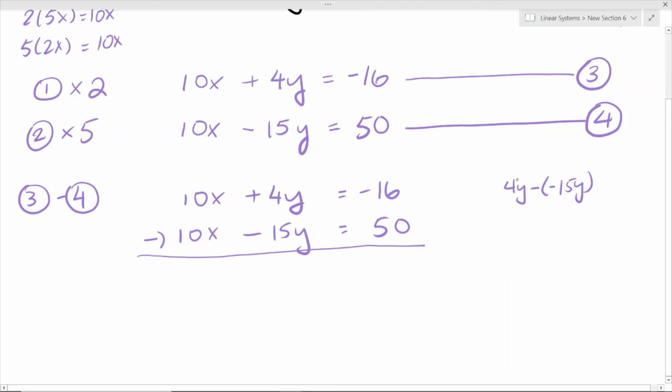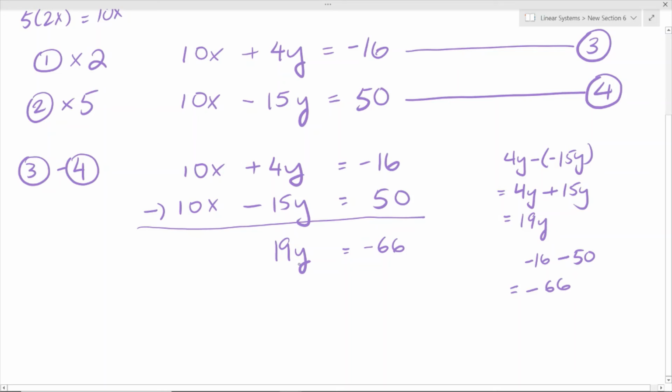So we must be careful. So we have two negatives here. So 4y minus negative 15y is the same as 4y plus 15y, because two negatives make a positive, and this is going to be 19y. And then here we have negative 16 minus, don't forget the negative, 50. So negative 16 minus 50 is going to give us negative 66. So this is going to be negative 66 right here.